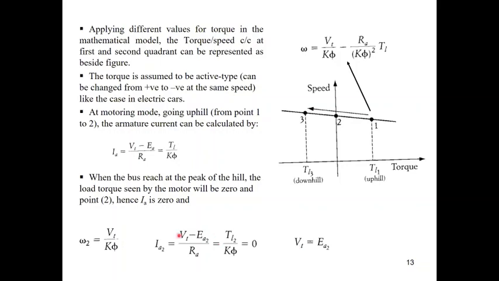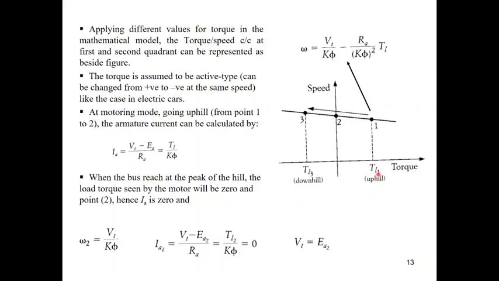And by this, we'll find that V terminal equals EA. So the back EMF here will be the same as the armature or applied terminal voltage. Right. If we increase the machine speed to reach that point, this point can only be achieved if the load torque is bidirectional.